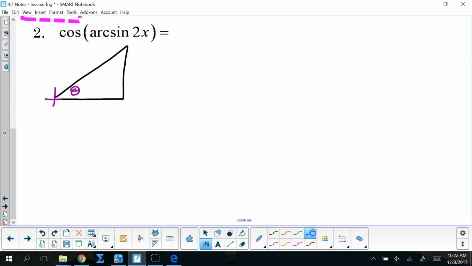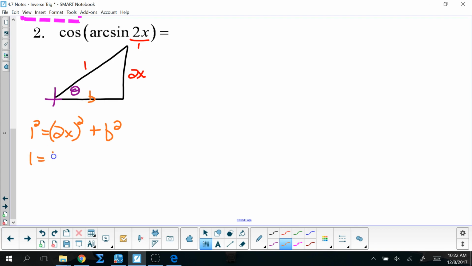Sine is opposite over hypotenuse, so I could really put this over 1. Okay, so I need to find that missing side. So 1 squared equals 2x quantity squared plus b squared. Call that side b.